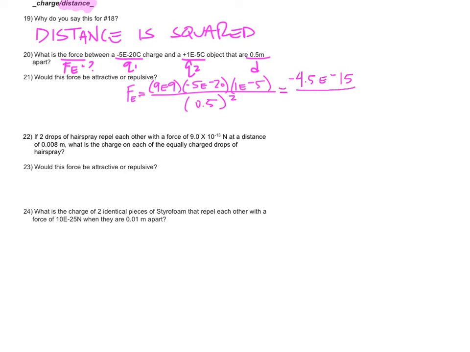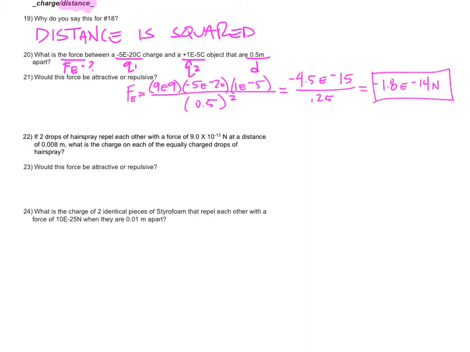And then the denominator, 0.5 squared, gives me 0.25. And then when I divide those two out, I get a negative 1.8 times 10 to the negative 14 newtons. This is my electrostatic force between the two.